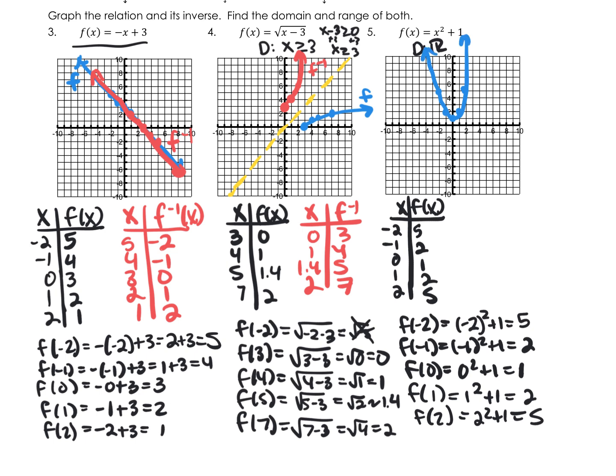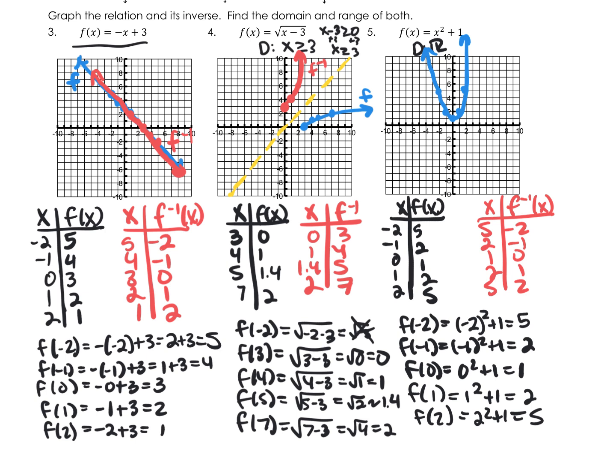And then if we find the inverse by flipping the x and y, (5, -2), (2, -1), (1, 0), (2, 1), (5, 2). Plot those.